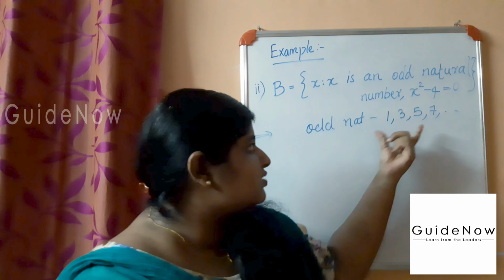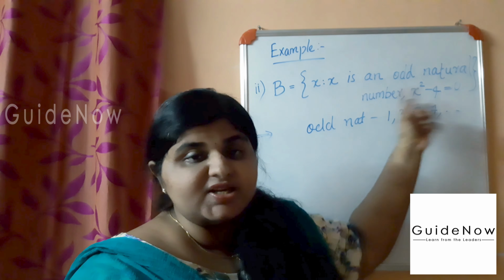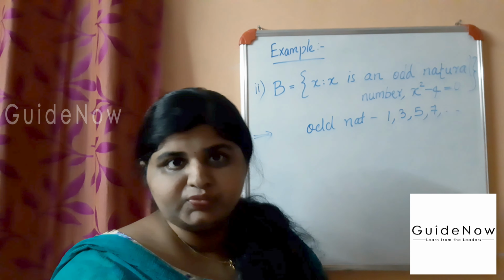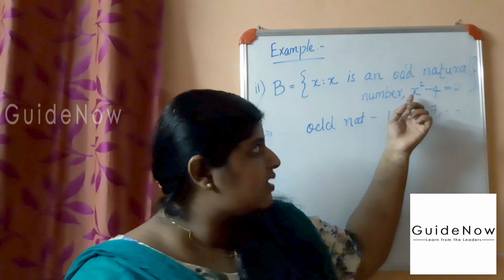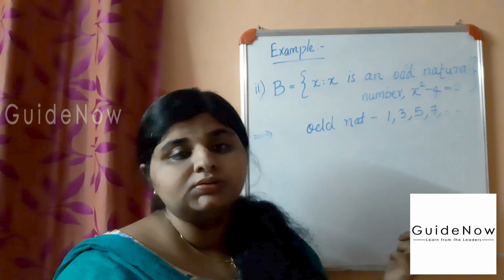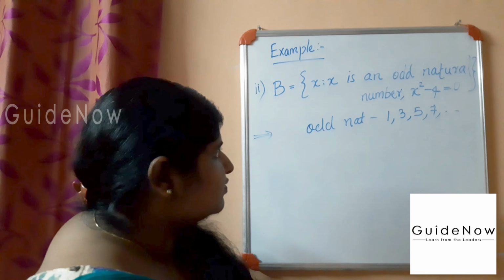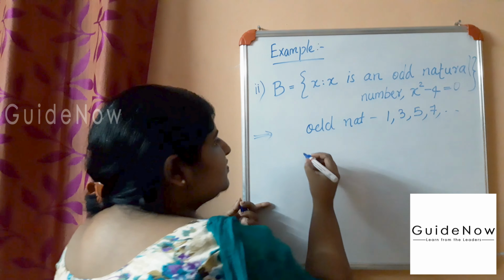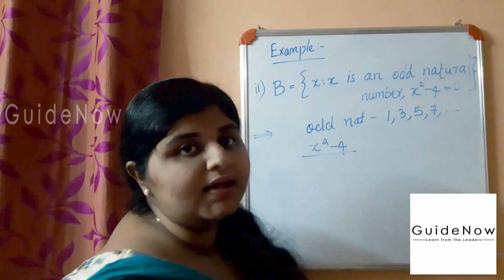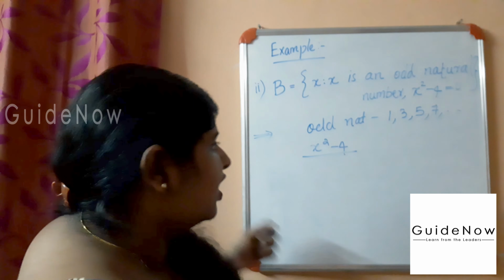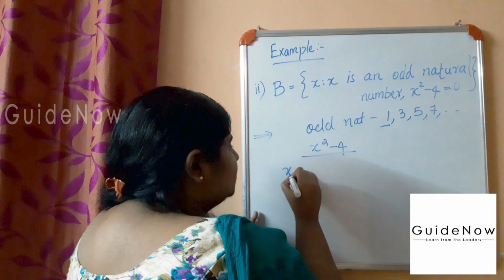We have to put these odd natural numbers into this condition and check whether it works or not. If we get 0 equal to 0, that is an element of the set. But if we do not get 0, it is not an element. First we put x equal to 1.